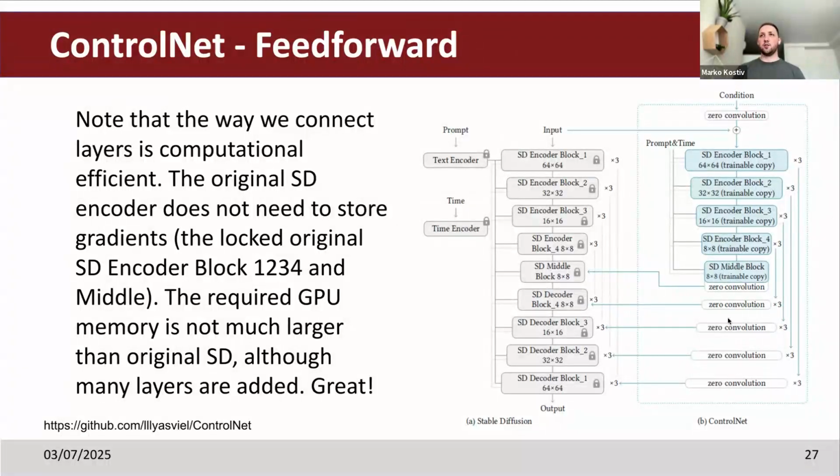So if we just copy everything at once, we'll very likely quickly overfit to have the same distribution as the Stable Diffusion. But if we progressively add those weights to the zero convolution kernels, we can learn over time and increase their ability to steer the diffusion process, basically.